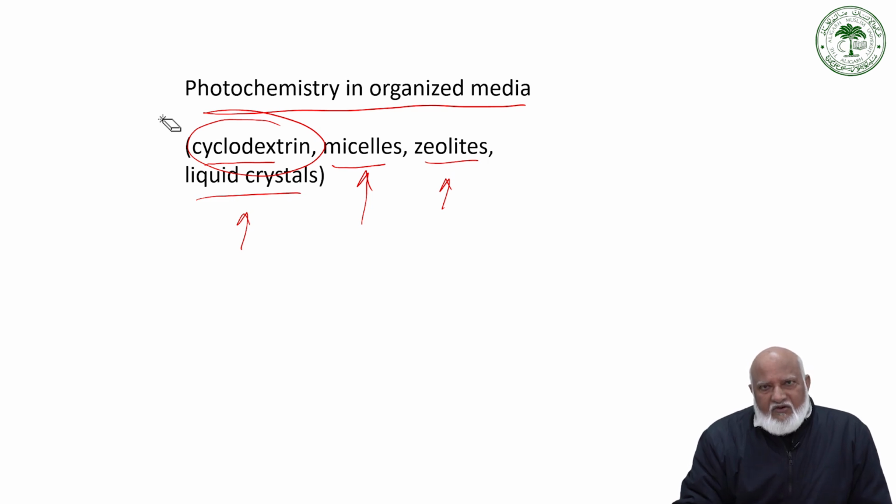So in the next lecture we are going to discuss very briefly the structure of cyclodextrin, and then how cyclodextrins are used to form host-guest complexes, and once the host-guest complexes form, irradiation brings about selectivity in the reaction to give one of the products in the major form. How the selectivity is achieved, we will discuss in the next lecture. Thank you very much.